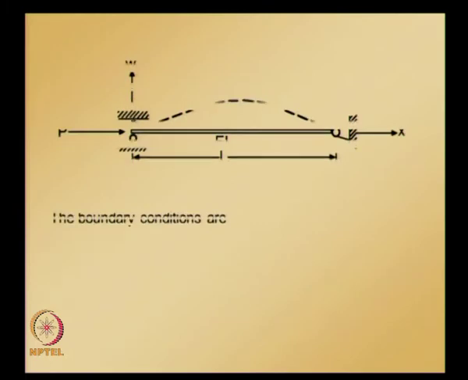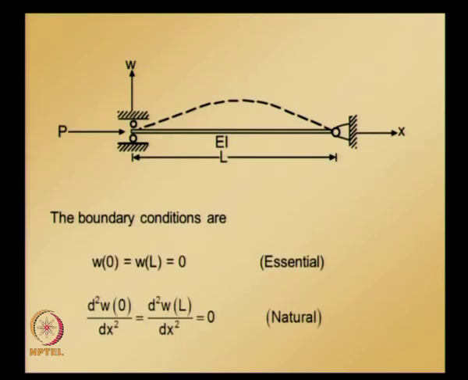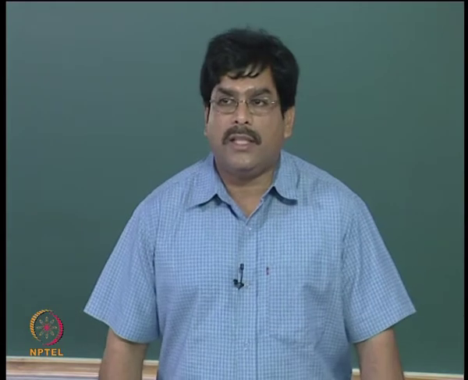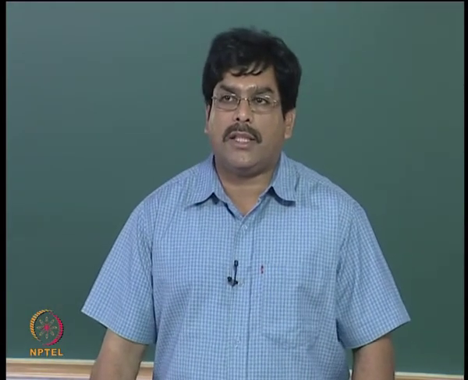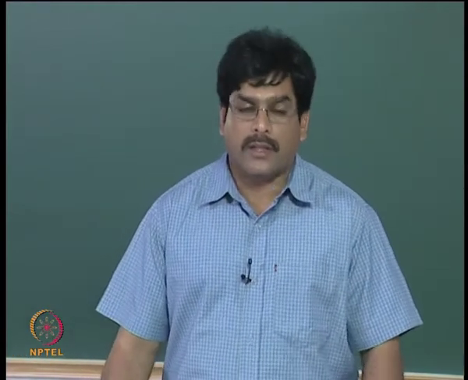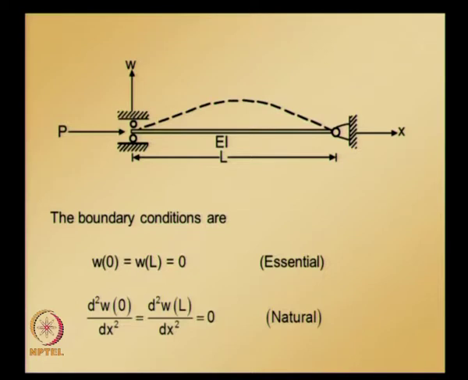That can be written mathematically like this, and it can be easily verified that the first set of boundary conditions are essential, and the second set are natural, because the first set are zeroth order equations, and the second set are second order equations. But this problem is not directly going to fall under the category of general one dimensional boundary value problem. We need to make some substitution similar to what we did earlier.